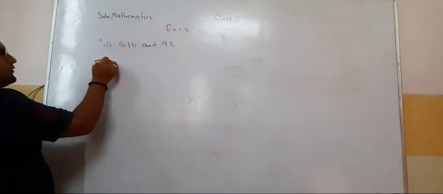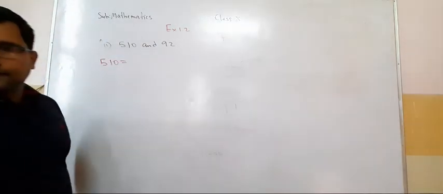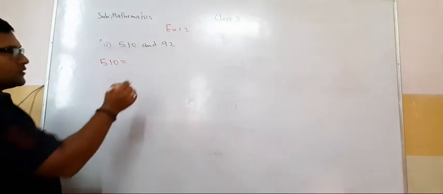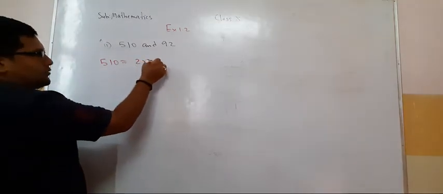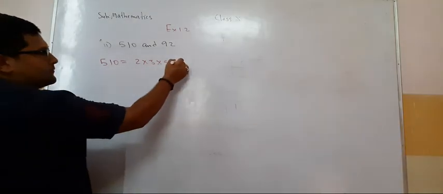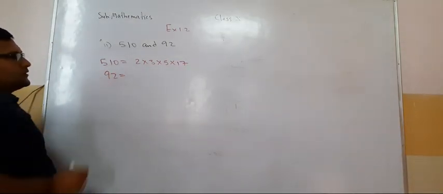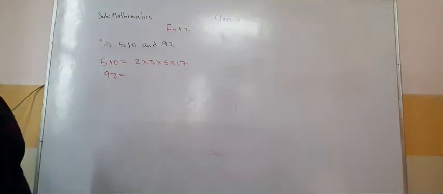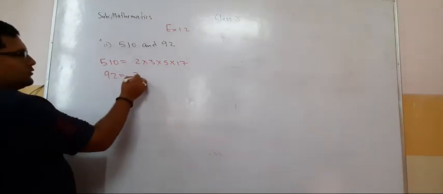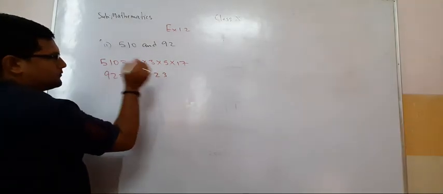For this, we will take the prime factorization of 510. We will get 2 into 3 into 5 into 17. And for 92, the prime factorization is 2 raised to the power 2 into 23. Right?